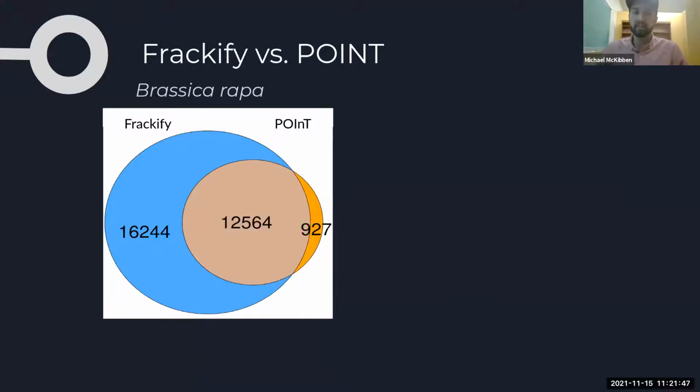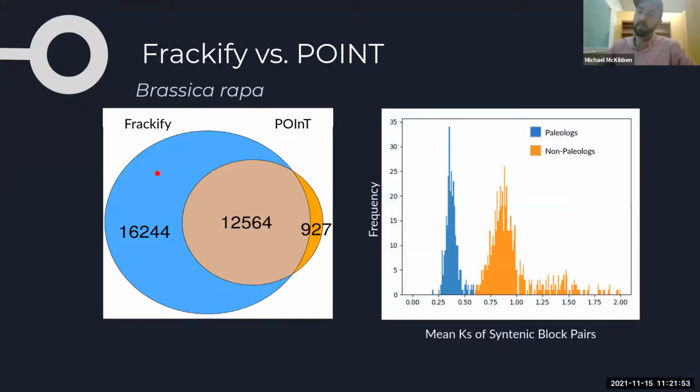So to do this, I split out all these additional Paleologs Frackify identified, and then plotted the KS values for Paleologs and non-Paleologs. Here we have an example in Brassica rapa, where I was trying to identify Paleologs in this focal WGD. And as you can see, very few of them have KS consistent with the older duplication.